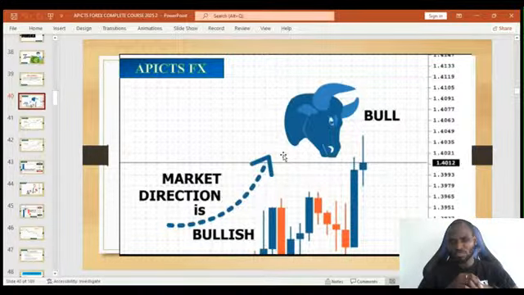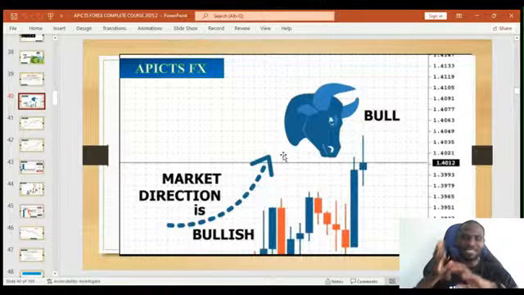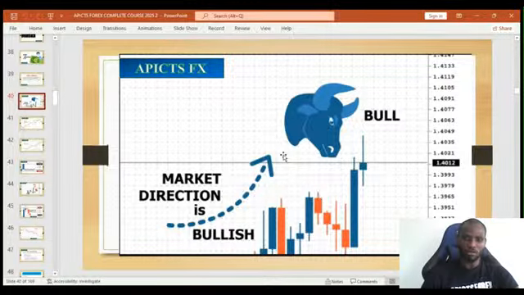I think we used about three different terminologies: it is bullish, it is buying, or going long. And I think I made an example yesterday, using GBP USD, that if I say I am going long on GBP USD, what it means is that I am buying that market.